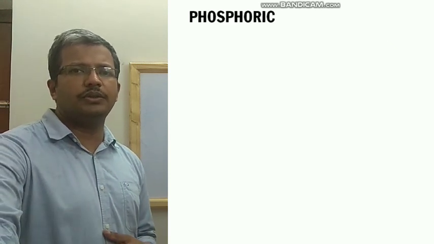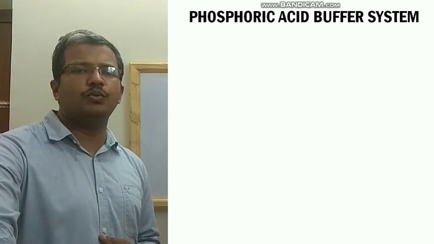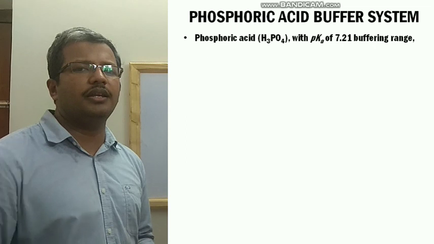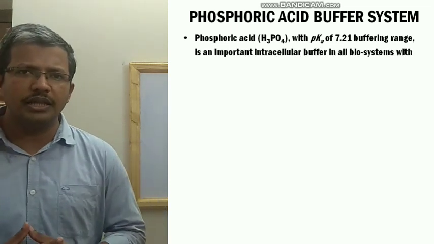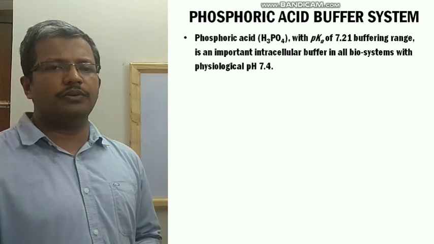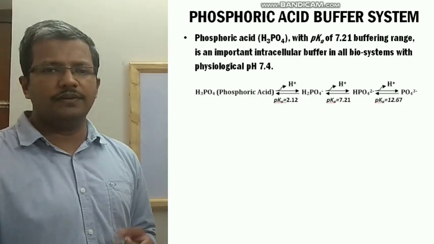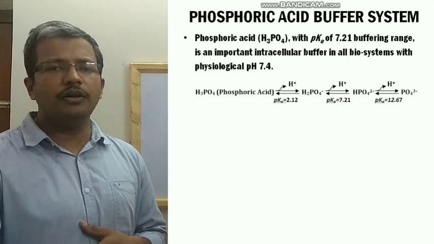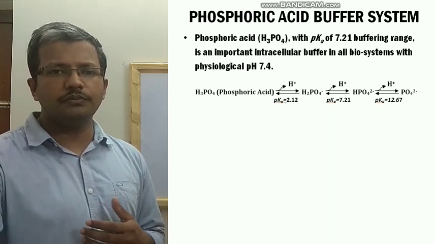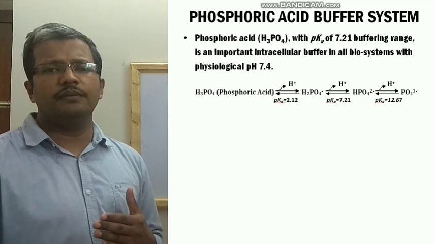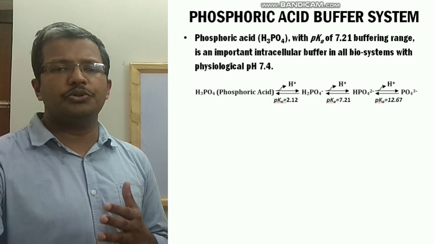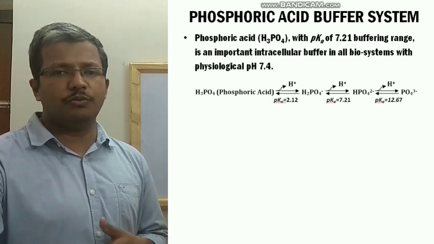Phosphoric acid, with a pKa of 7.21 buffering range, is an important intracellular buffer in all biosystems with a physiological pH of 7.4. H3PO4, the phosphoric acid, dissociates by releasing H plus ions into H2PO4 minus at a pKa of 2.12, and then releases H plus again at a pKa of 7.21 into HPO4 2 minus.